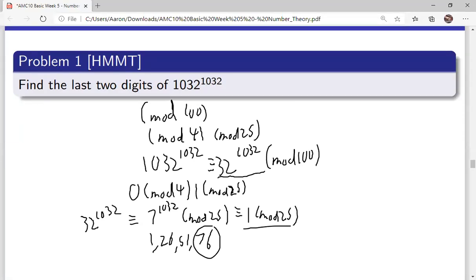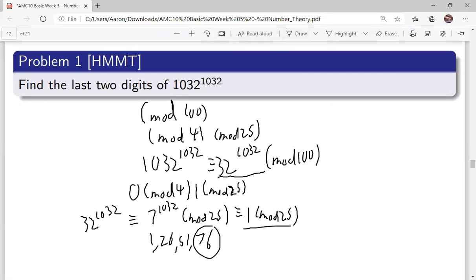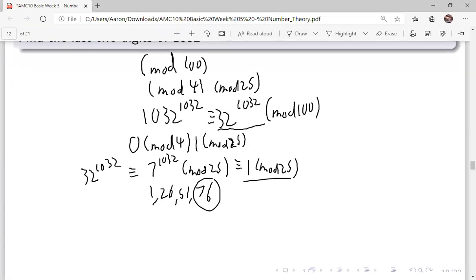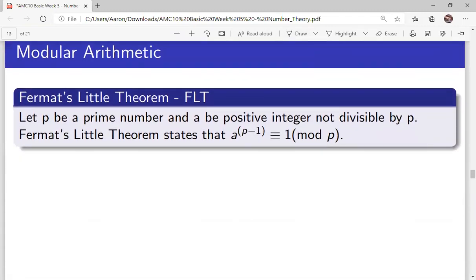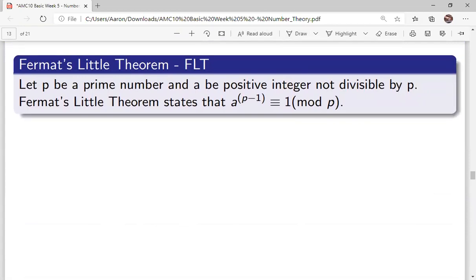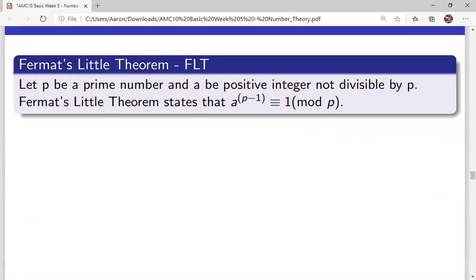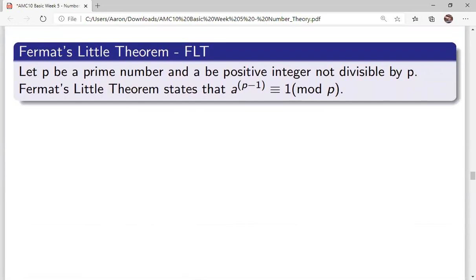Are there any questions? All right. If not, I'll be moving on to Fermat's Little theorem, which is often abbreviated as FLT.